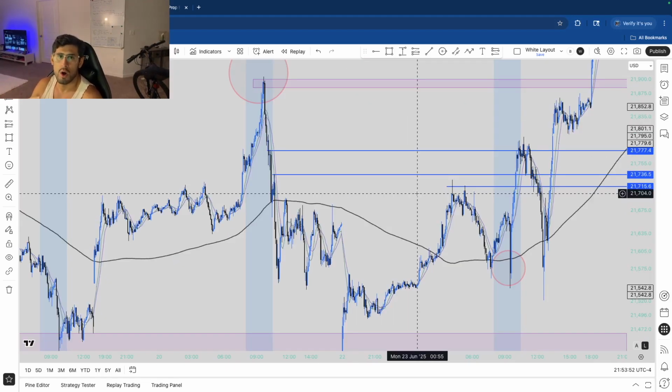Obviously, ideally, a 1 to 2 or 1 to 3 is like the best risk reward ratio, but you got to take what the market gives you, especially if you got the daily bias correct and you understood your key zones, right? London lows, London highs, Asia lows, Asia highs. You understood that very well, and you understood where price was kind of approaching those levels and what it was doing at those levels.